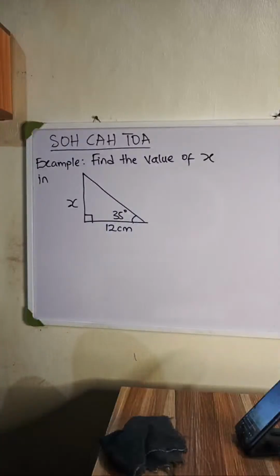So here we're expected to find the value of x in that right angle triangle.